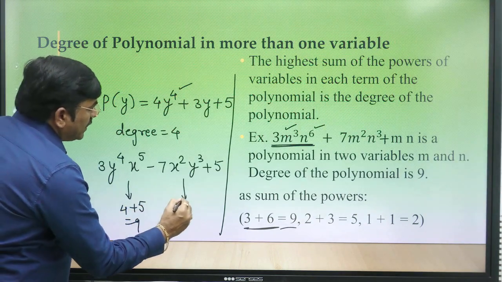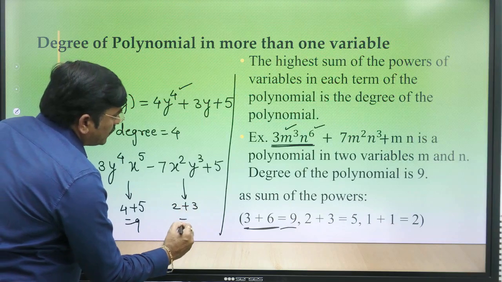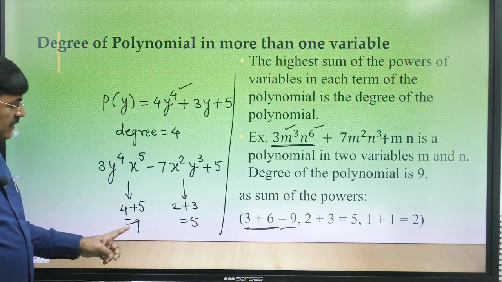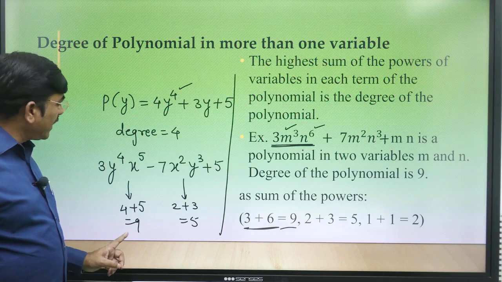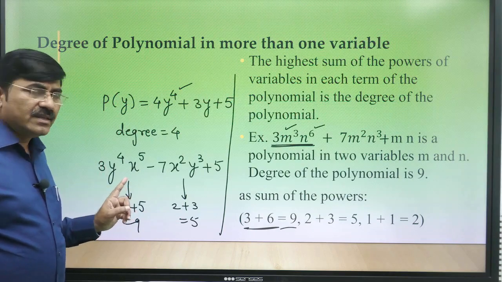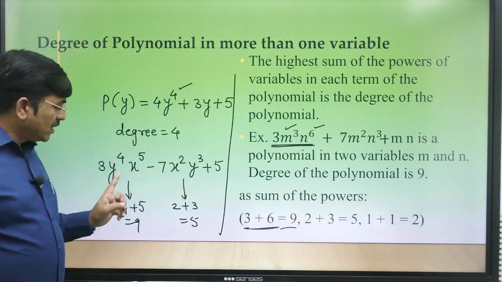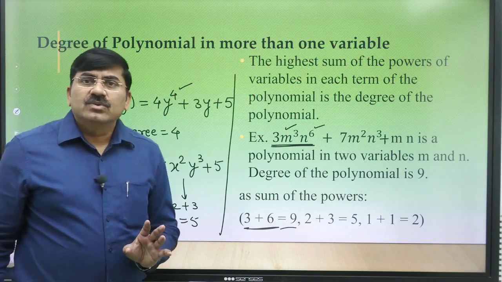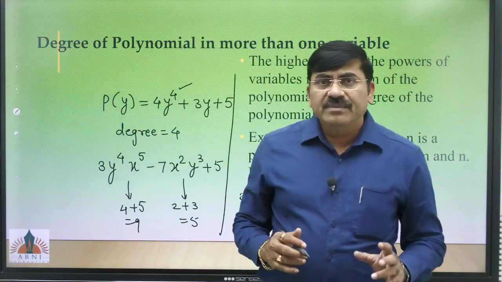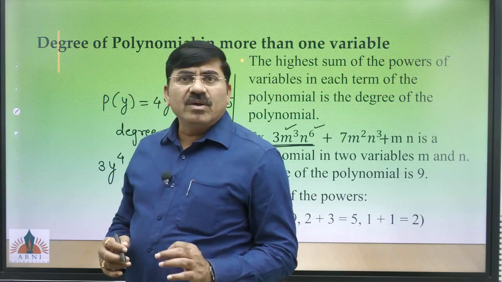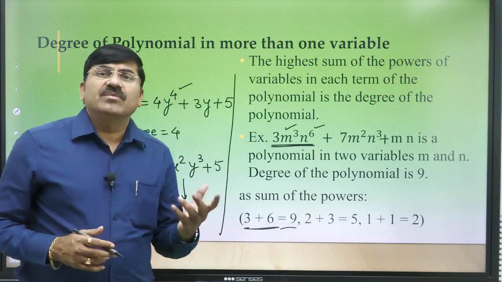Now, here the total degree is 2 plus 3, it is 5. In this case 9 is the highest, and that is why the degree of this expression is 9. So, this way we can find the degree for that particular polynomial, and it may be in different numbers of variables.